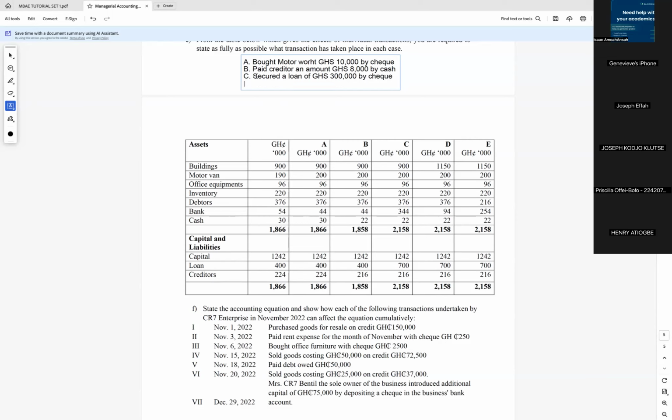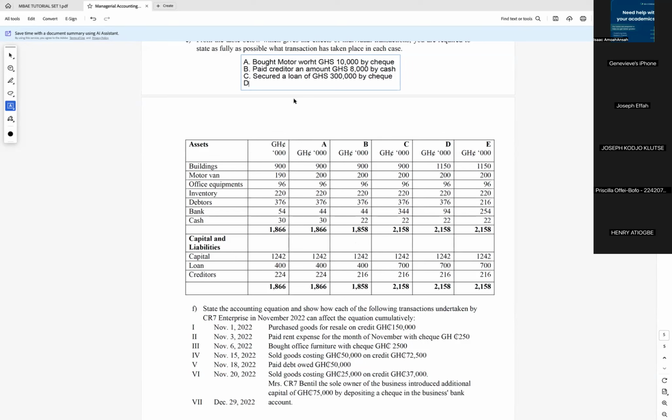The next transaction is we made an additional, either we made some renovations or something to our building. We added on to our building 250,000, and we made the payments by check. So bank reduces by 250,000 and our building increases by 250,000. So what took place exactly?